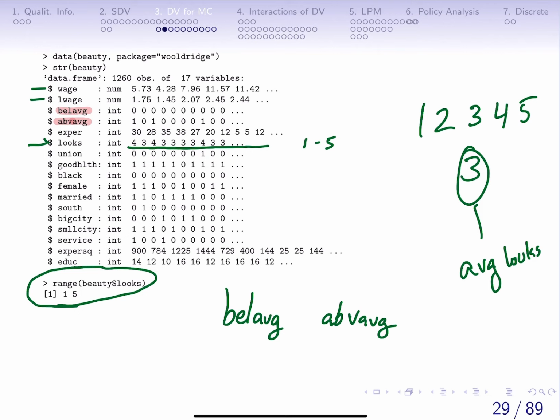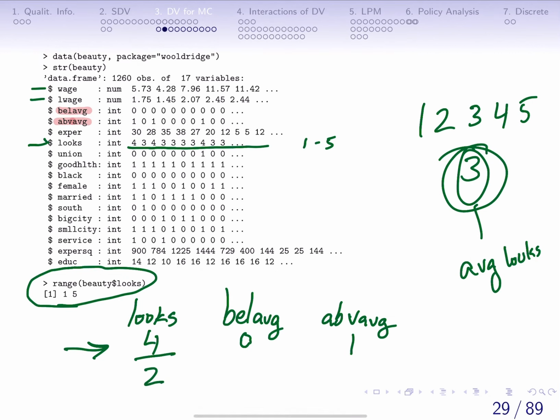So if looks takes the value of 4, for instance, then below average would take the value of 0 and above average would take the value of 1 for this person, because 4 is above 3, which was average looks. Similarly, if somebody had a score of 2 in our data set, then below average would take the value of 1 and above average would take the value of 0.